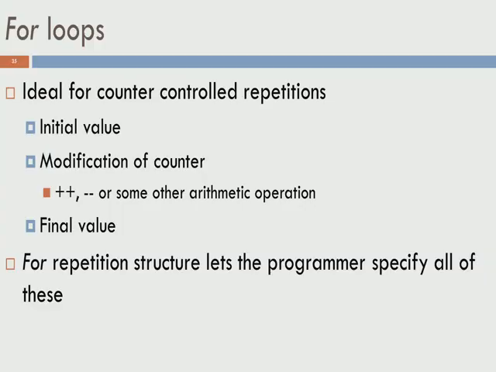In that case I would start the initial value at 1, the counter would go by increments of 1 and it stops at 20. So the for loop, the way C does it, lets the programmer specify an initial value, a modification to the counter as well as a final value, and on top of that it also lets you put in a body, or what you would really want to do so many times.